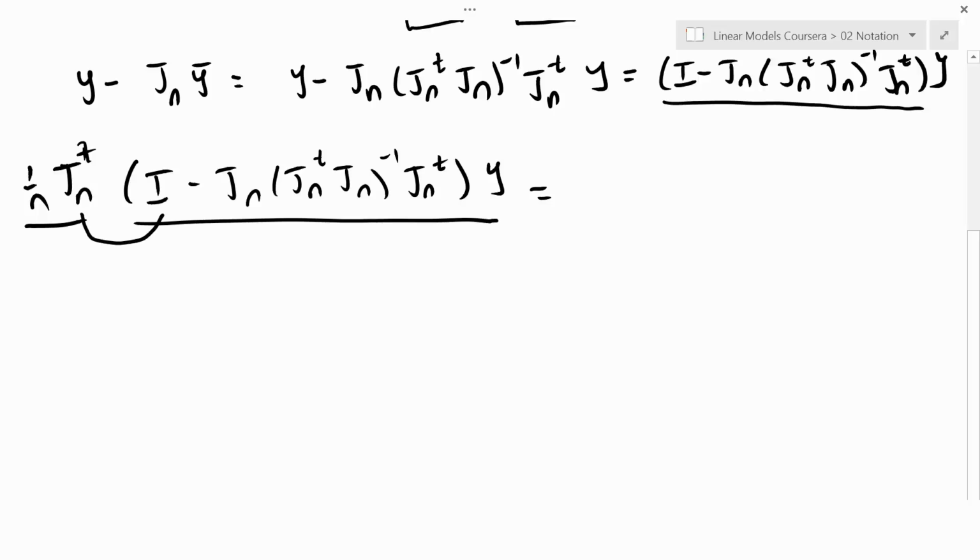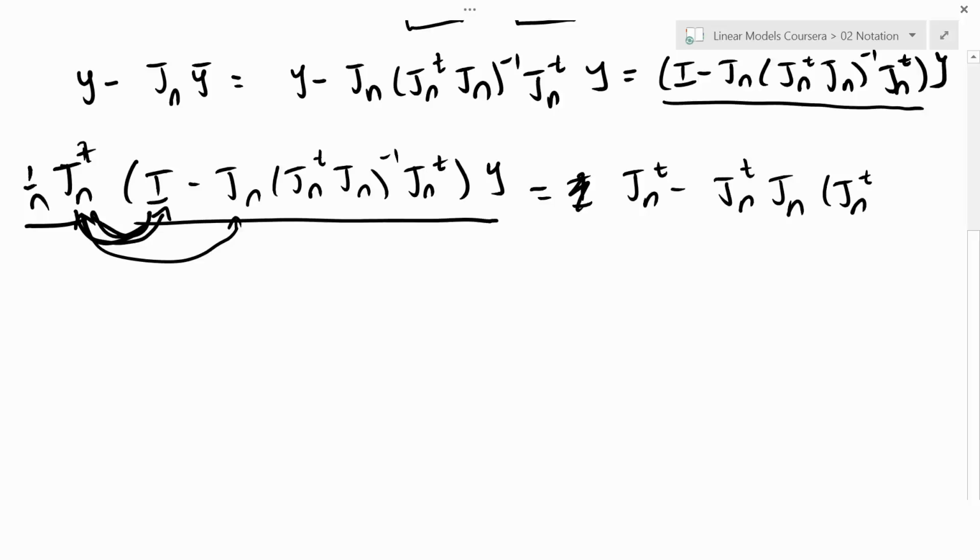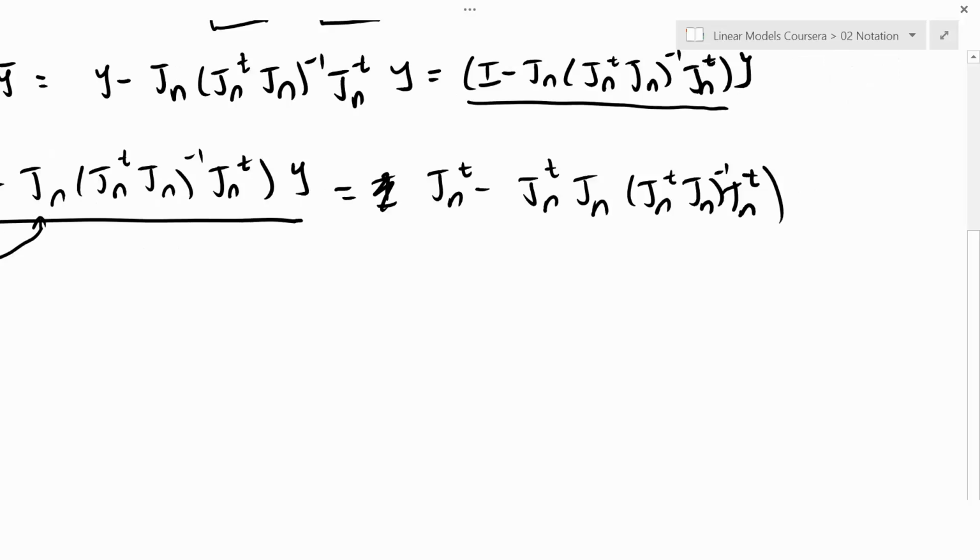So J_n transpose times I here, that's just J_n transpose. And then J_n transpose times this will give me J_n transpose J_n. Let me write it out. We get J_n transpose from multiplication of these two together. Then we get minus J_n transpose J_n times (J_n transpose J_n) inverse times J_n transpose, and that whole thing times y.